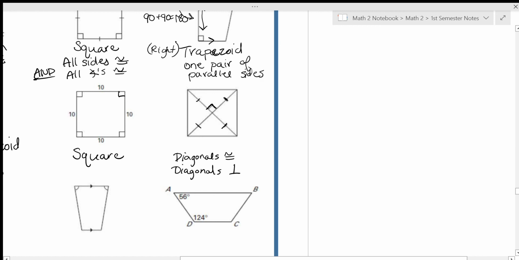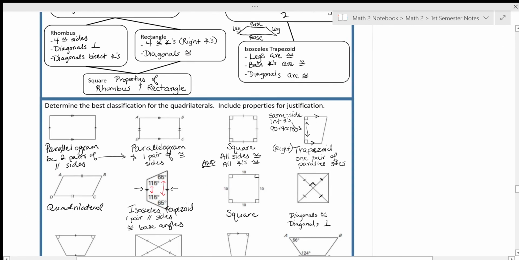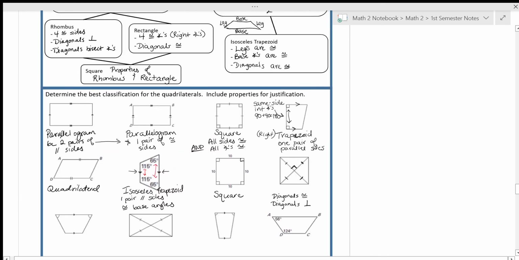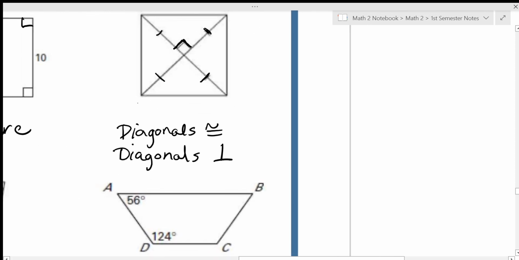So if we go up and look at our properties, diagonals being perpendicular is a property of a rhombus, and diagonals being congruent is a property of a rectangle. So again, if we have properties of both a rectangle and a rhombus, then we must classify this as being a square.